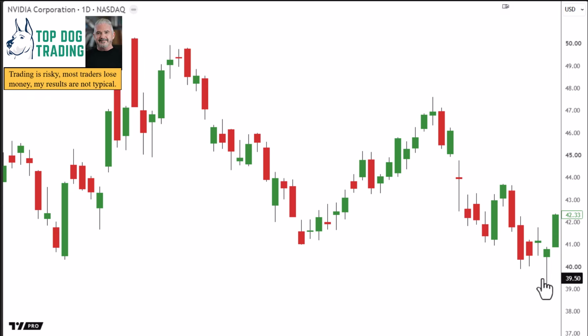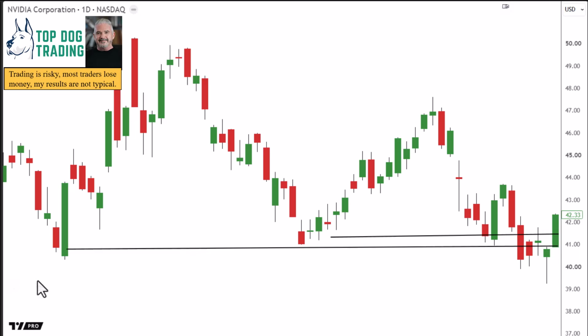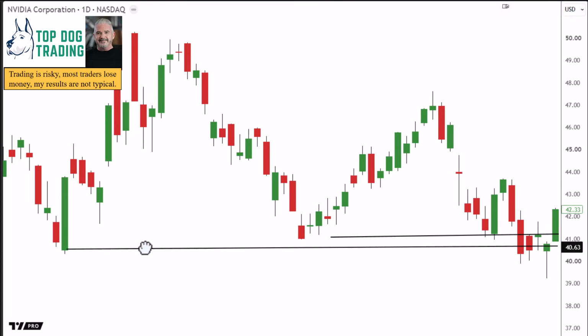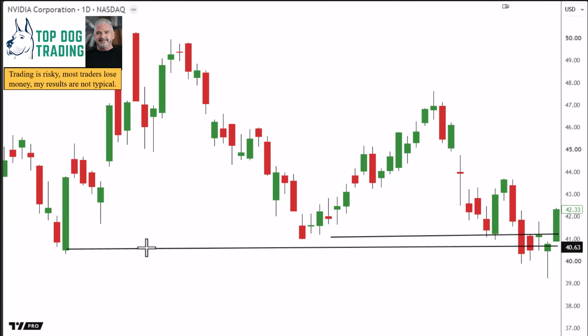So two things here. This is critical. As we look at this, let's bring our lines back up. Yeah, the lines don't quite match there anymore because I moved the chart, but you can see where we got. So the big deal here is this low, the market is still seeing.